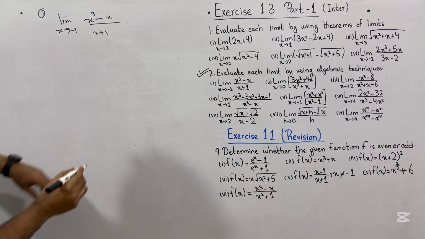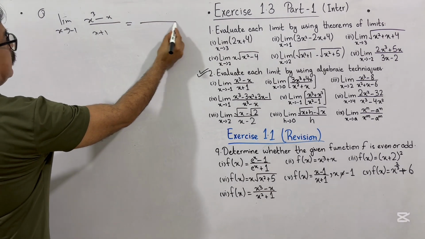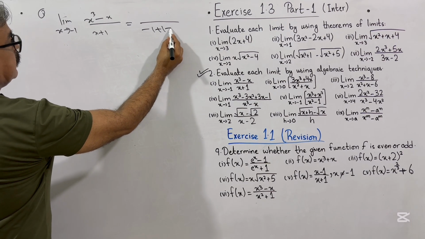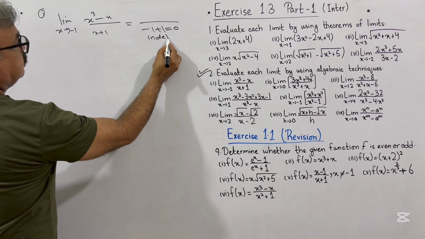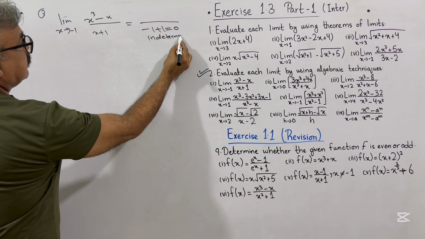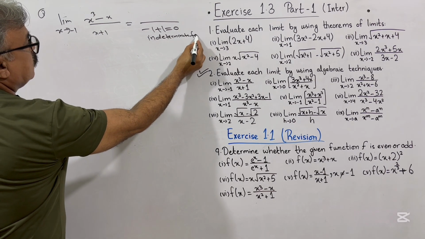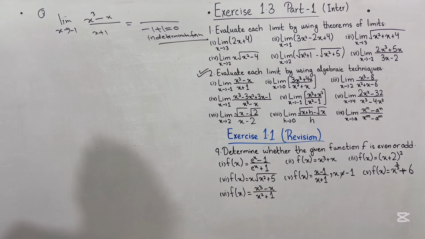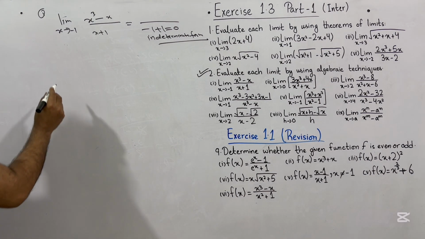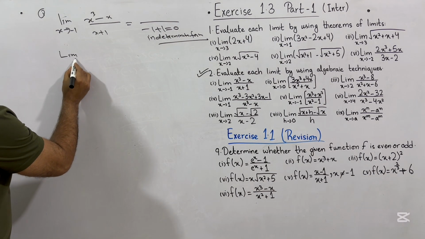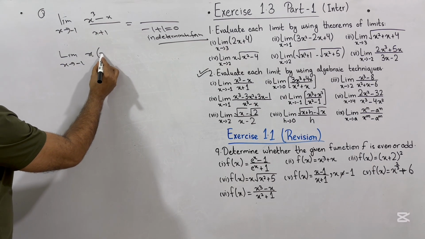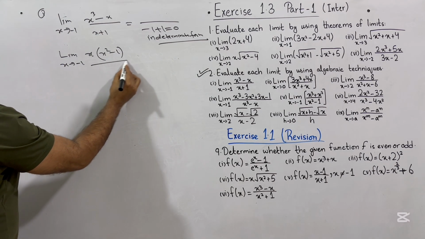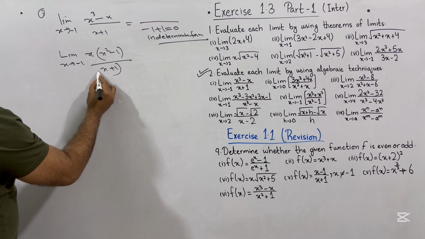If I put the limit directly here, it will become minus 1 plus 1, 0 in the denominator. It is an indeterminate form. We have to avoid this. At our second year level, try to take something common from the numerator if possible. x common, we have x square minus 1 over x plus 1.